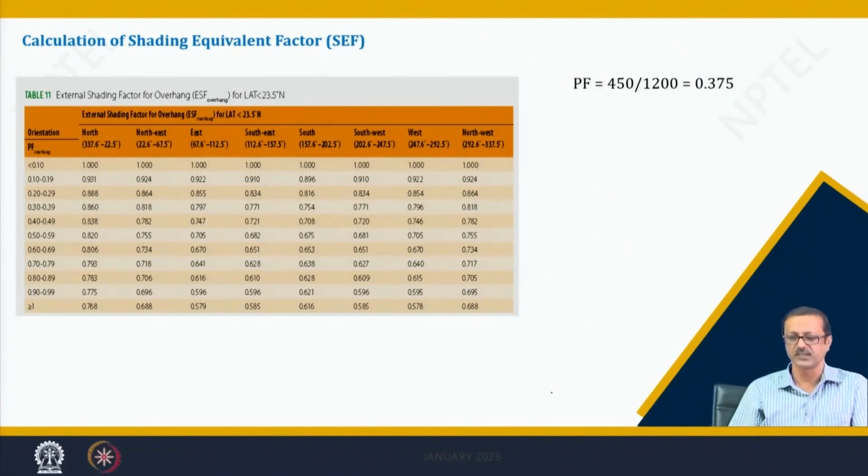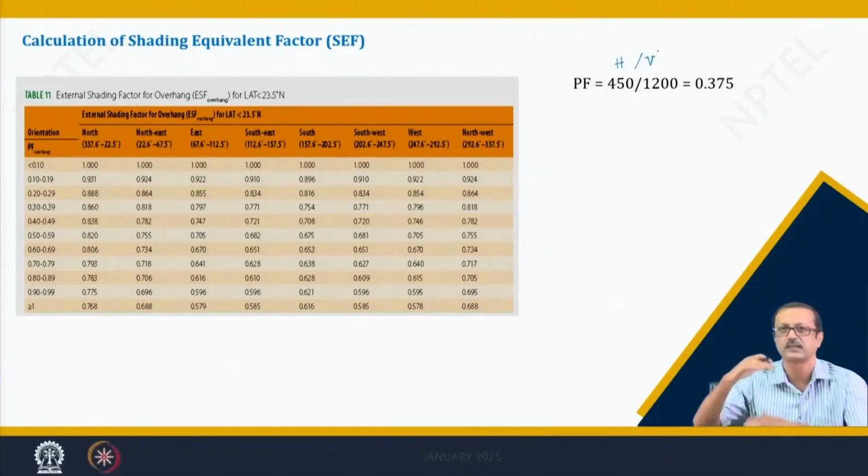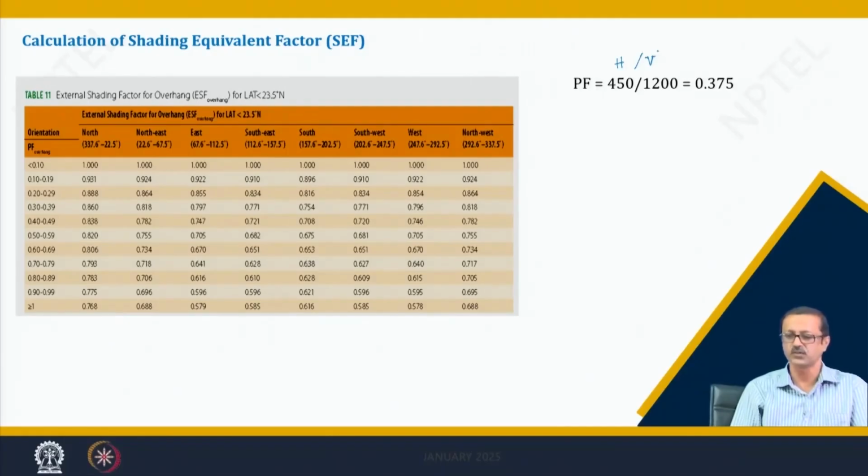Now, we have the PF, the projection factor. In the problem statement it is given that the windows have 450 mm projections, which is your h, divided by V, the vertical depth of the window, or 1.2 meters. That means 0.375 is the projection factor, and I have to see table number 11, which is for latitude less than 23.5 degrees, because it is Trivandrum, Thiruvananthapuram.